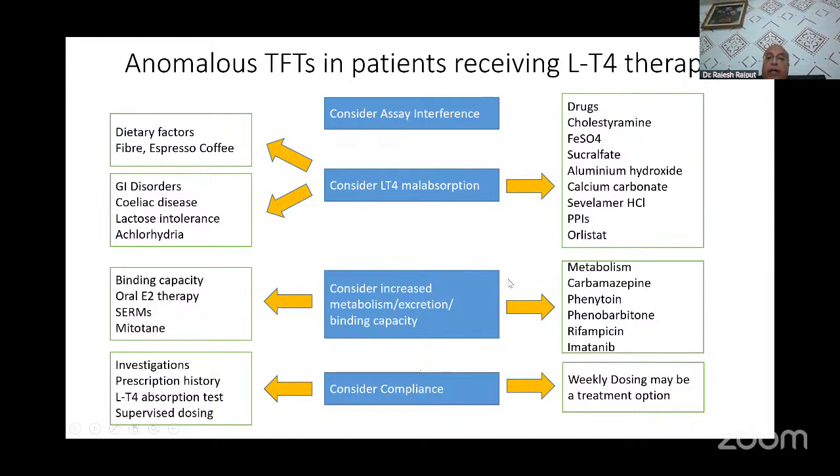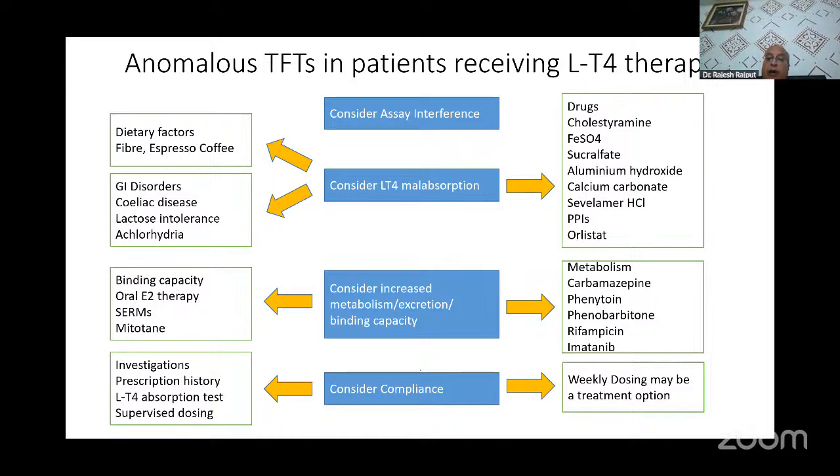Apart from that, increased metabolism is seen. Suppose an epilepsy patient is on phenytoin, phenobarbital, carbamazepine, all these anti-epileptic drugs increase the metabolism of levothyroxine. Similarly, patients with tuberculosis of any type, when they are on rifampicin, it also increases the metabolism of levothyroxine.